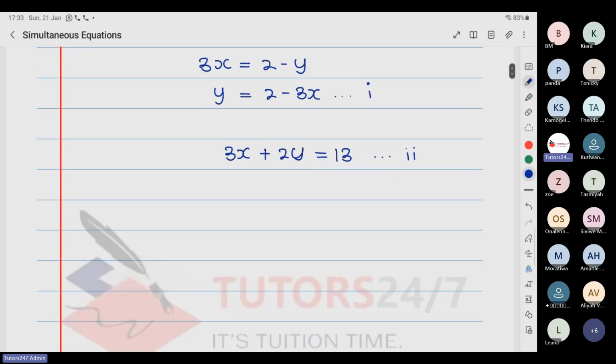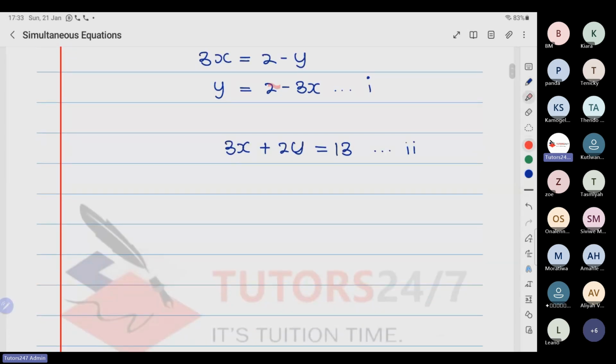So all we are now going to do is substitute 2 minus 3x into y. And take note that whenever you substitute, you need to make use of brackets, okay? So from here, we have 3x plus 2, and now we need to substitute for y.